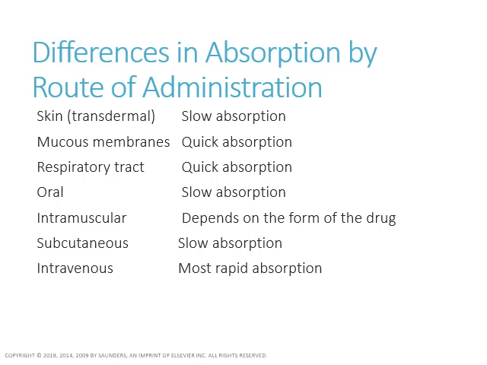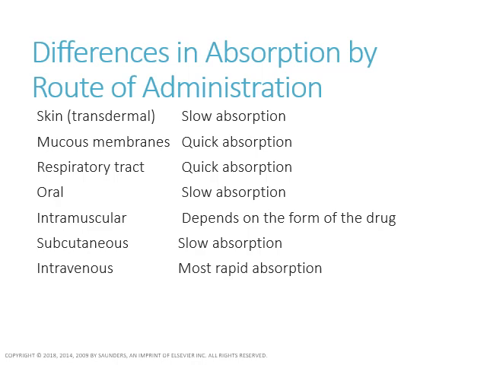We have differences in the absorption depending on the route of administration. So when we're giving the medications transdermally or through the skin, the medication is going to absorb slowly. Mucous membranes is quick absorption. Respiratory tract, quick absorption. Oral is also slow, and subcutaneous is also slow.